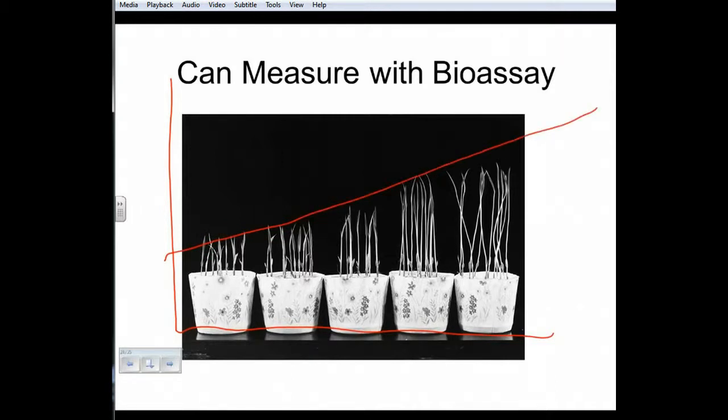What you do in lab is you take some tissue, grind it up, put it on another set of these shoots, and see how much they grow. Then you just go over and see where it falls on the standard curve, and that tells you how much gibberellic acid you've got in your unknown plant. It works really well. It doesn't work as well as spending $100 on an assay using the antibody prep, but like I said, it's good enough for state work.